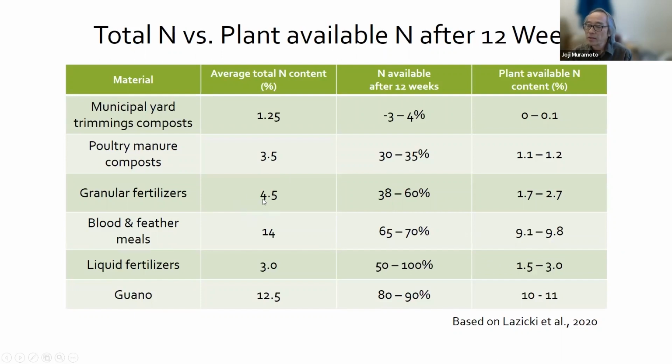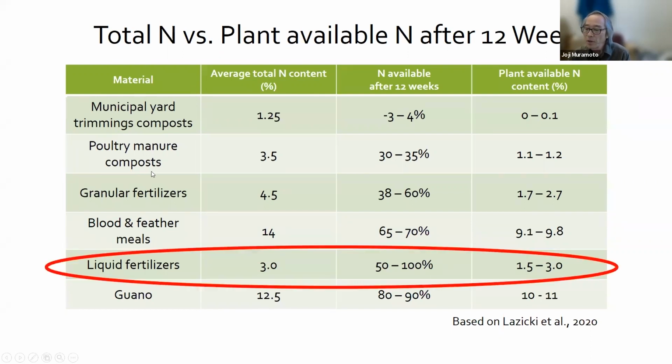So the total nitrogen content is usually labeled on the back, right? N, P2O5, K2O content is on the bag if you buy those things in a bagged format. But that nitrogen content doesn't necessarily mean all of it becomes available in organic fertilizers.